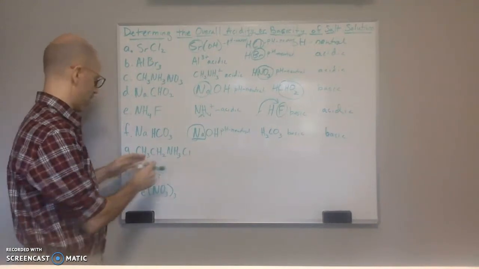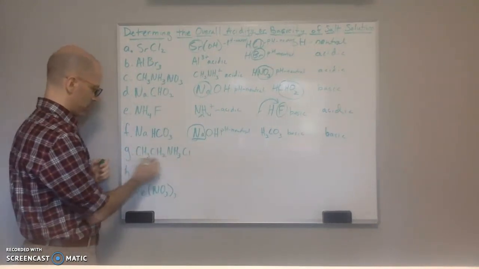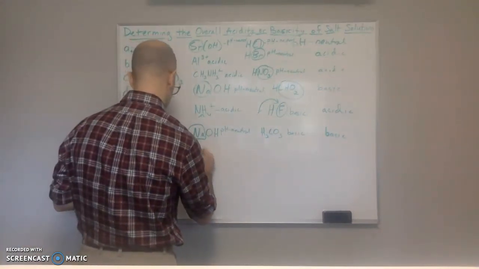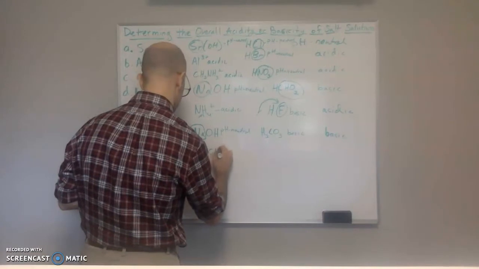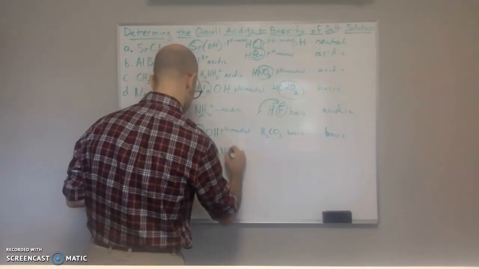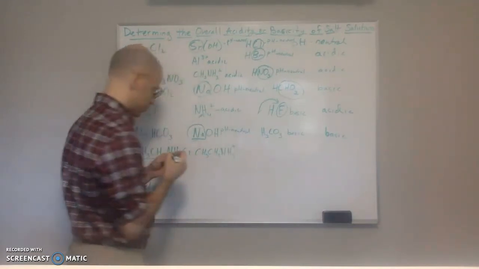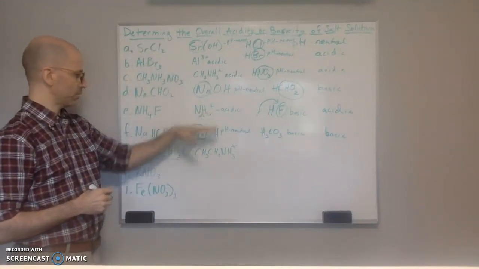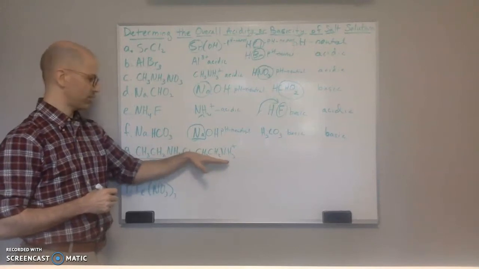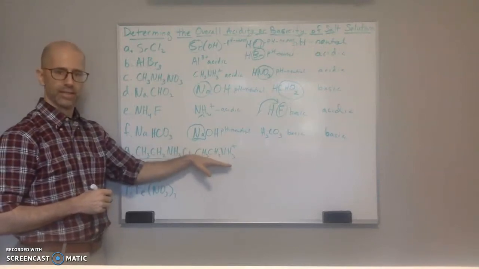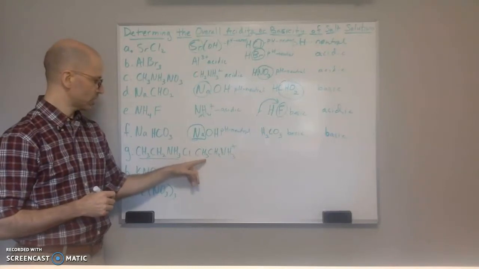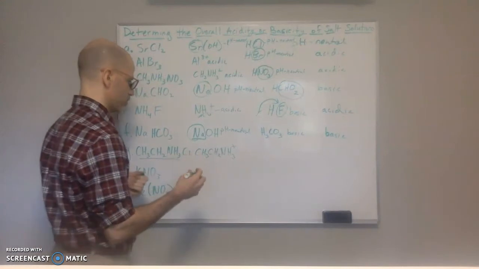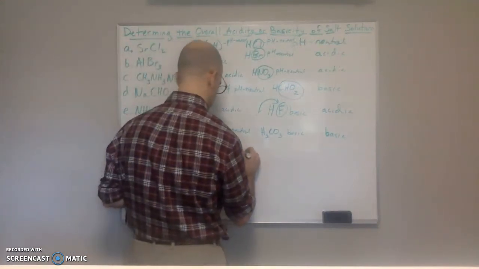Here we have this part, the positive ion, CH3CH2NH3 plus. Just like with ammonium, this is going to be acidic because this is the conjugate acid of a weak base, which looks like ethylamine. It's an amine.